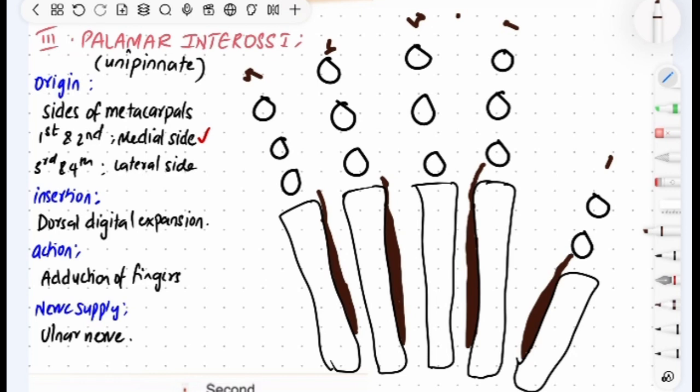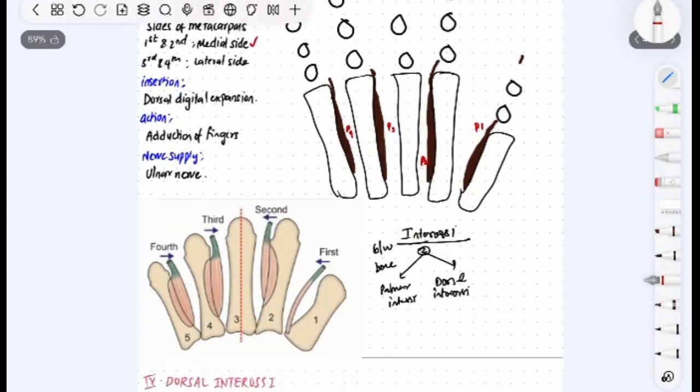So these are the four palmar interossei muscles. This is palmar interossei 1, palmar interossei 2, palmar interossei 3, palmar interossei 4. So this is all about palmar interossei muscles.